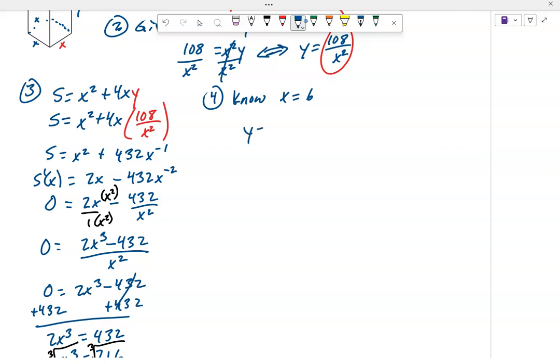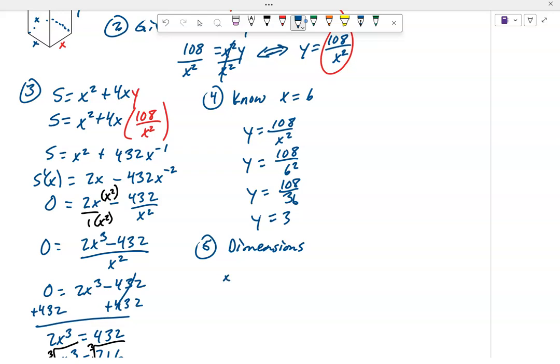And then we also have y equals 108 over x squared. Let's throw in the x. So we got 108 over 36. So we get y is 3. So our dimensions of this, we got length times x, times another x.